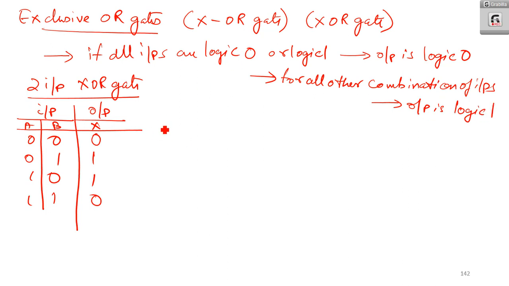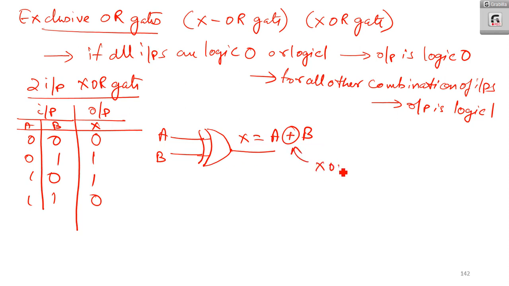Now if you are drawing the symbol of the XOR gate, you can draw like this: A, B, and then an OR. Okay. So we will get X is equal to A XOR B. So this is the symbol for XOR.